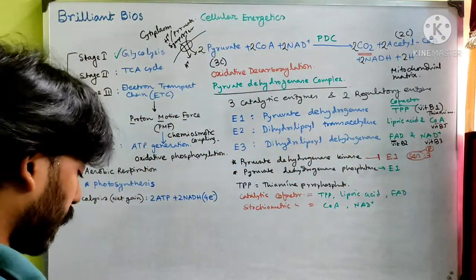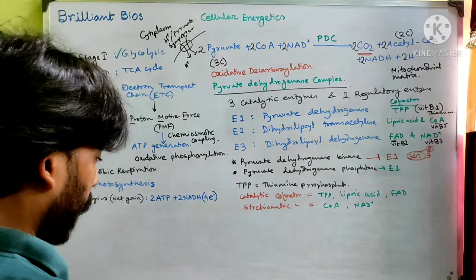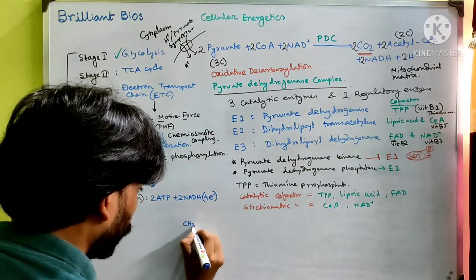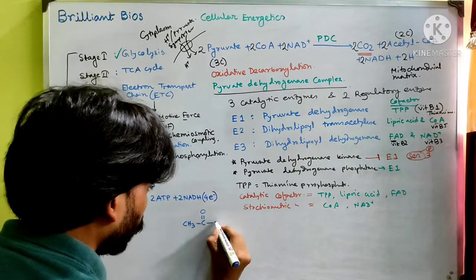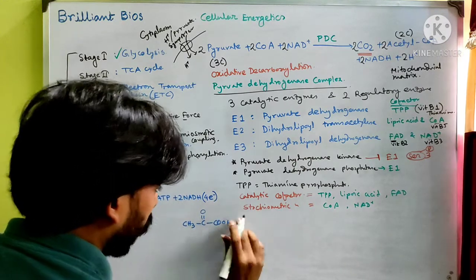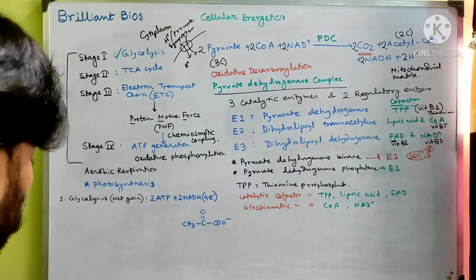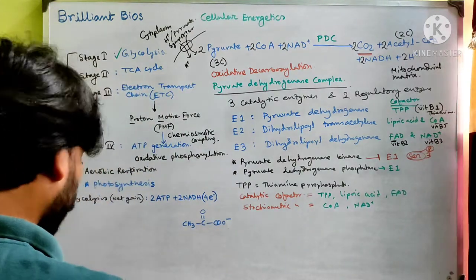Now what happens, I will show you here in this reaction center. Let's suppose this is pyruvic acid, CH3 C double bond O C double bond H, or you can write C double minus, pyruvic acid.